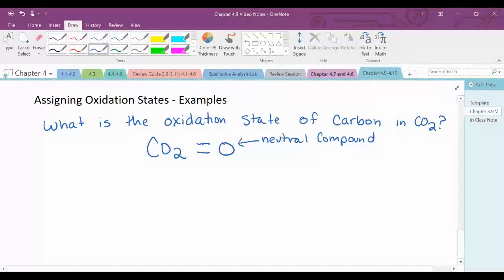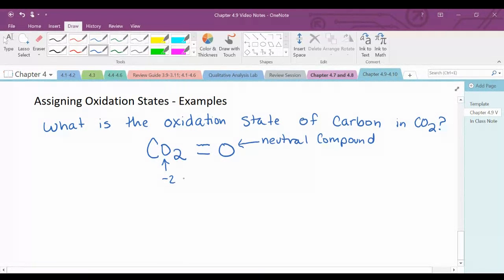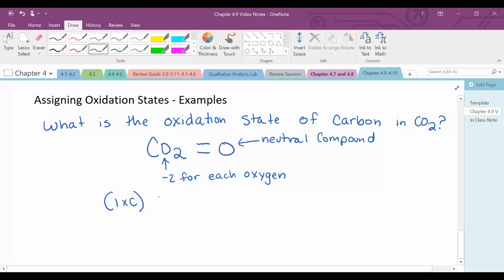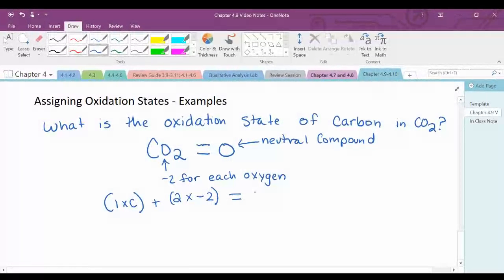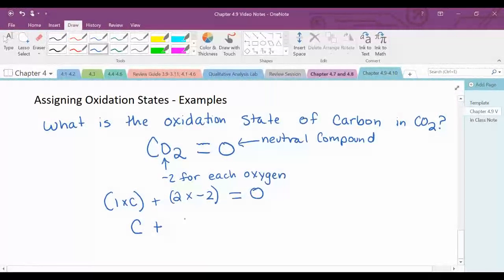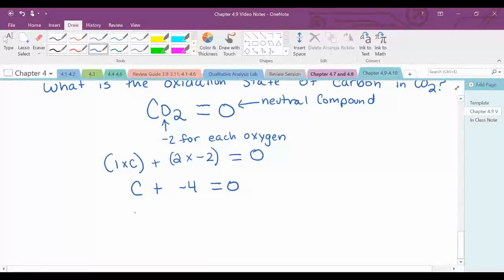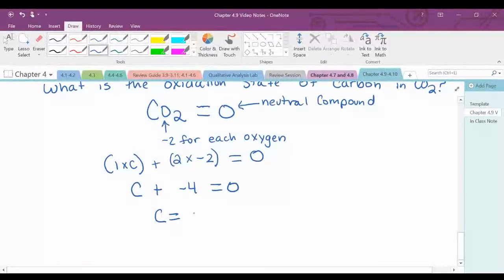We know oxygen from our rules is a -2 for each oxygen. We have 1 carbon, we don't know the oxidation state of. We have 2 oxygens times the oxidation state of -2, and that has to equal 0. So the carbon oxidation state plus -4 equals 0. So carbon would equal +4.